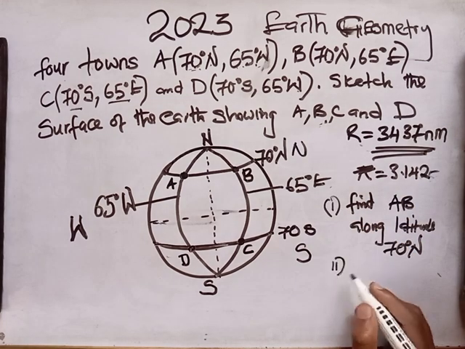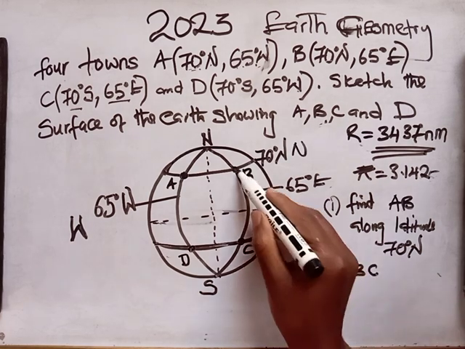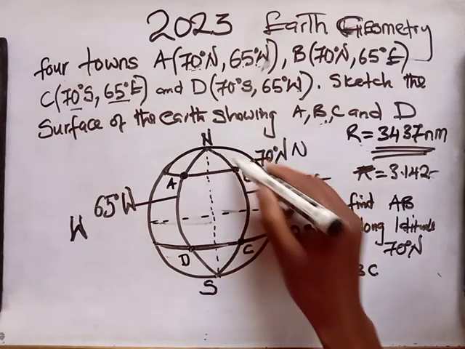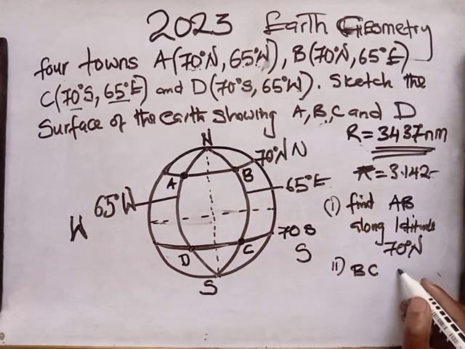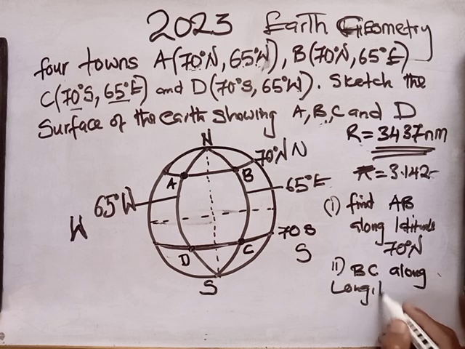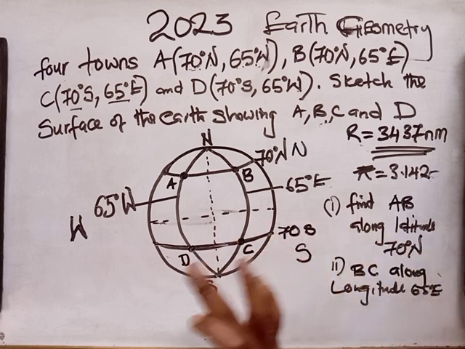Question 2 says: find the distance BC along longitude 65 degrees east. This is very easy. We all know the formulas for finding the distance.